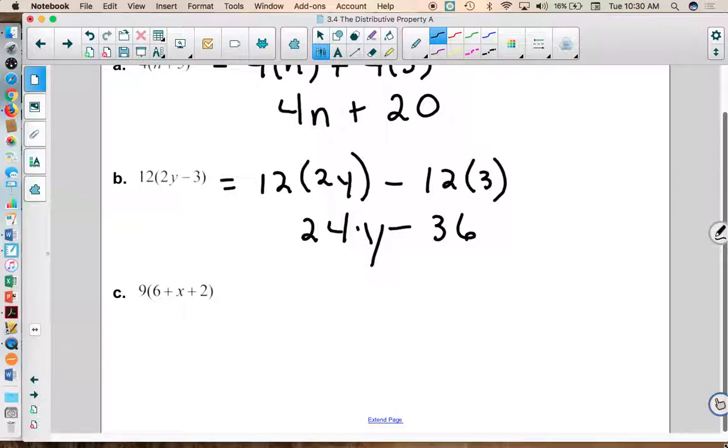So if that's so, how do I rewrite C so that I know what I've got to do? Chloe? 9 times 6 plus 9 times 2. What about that letter there in the middle? I can't throw x away. 9 times x.